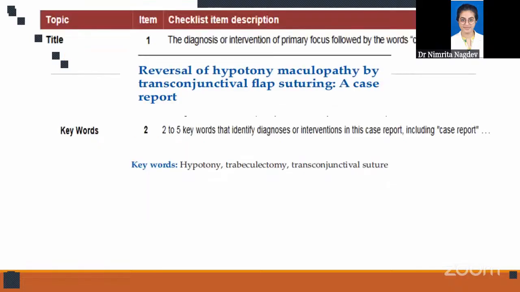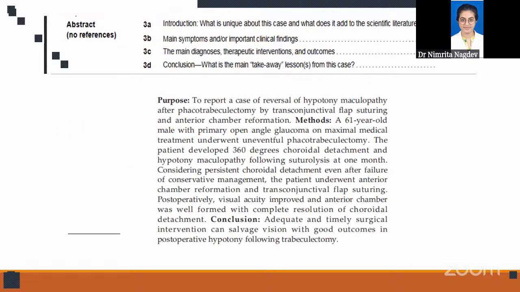Starting with the title, reversal of hypotonic maculopathy by transconjunctival flap suturing, and then keywords which are related to our case report. Then coming to the abstract, what is the introduction? We reported a case of reversal of hypotonic maculopathy following transconjunctival flap suture. And then what were the findings?